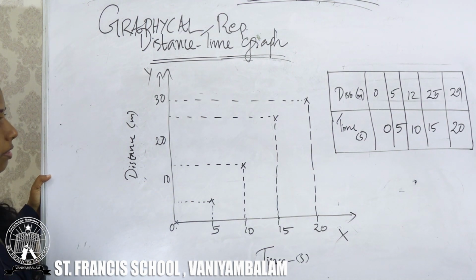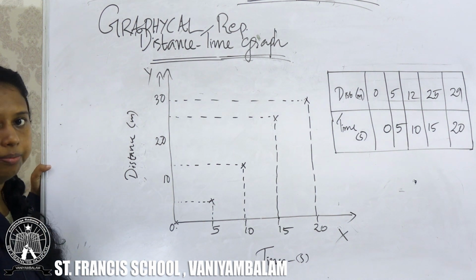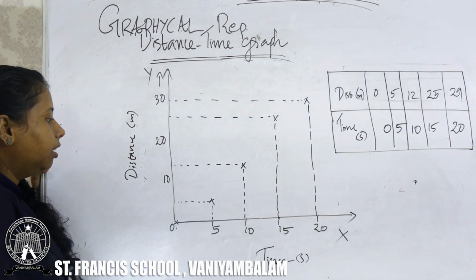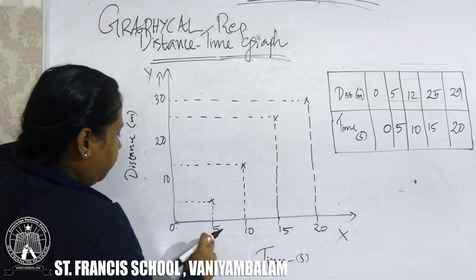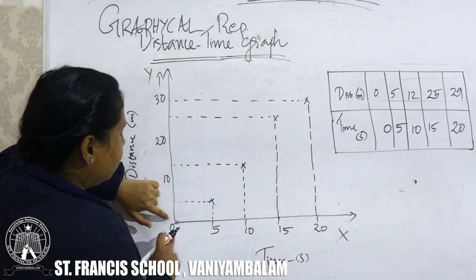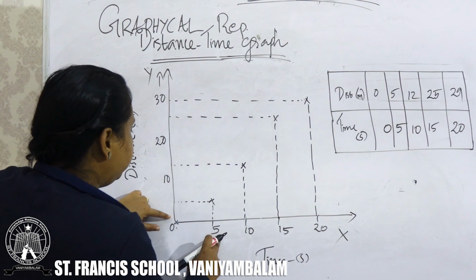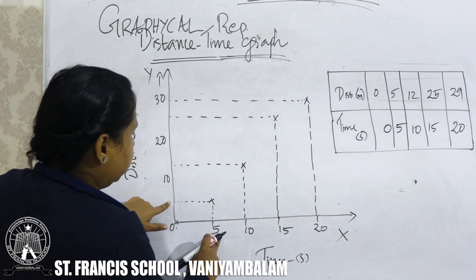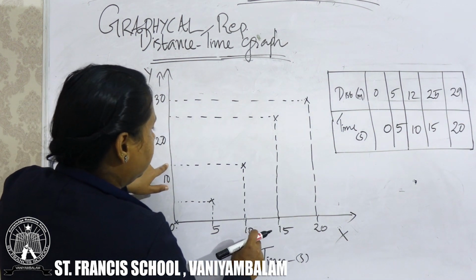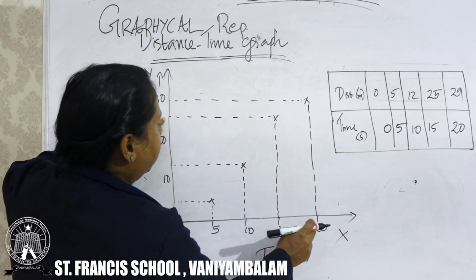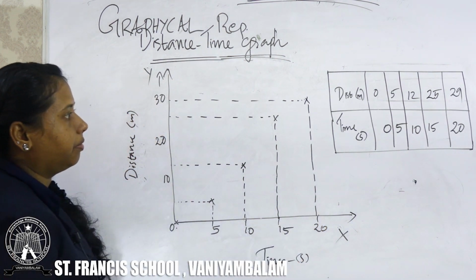See what the graph gives. At 0 second it was at 0, at 5 seconds 5 meters covered, 10 seconds 12, 15 seconds 25, and 20 seconds 30.